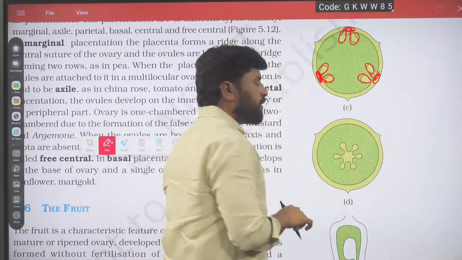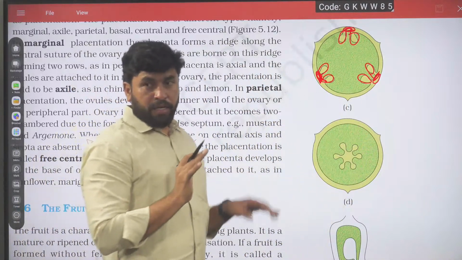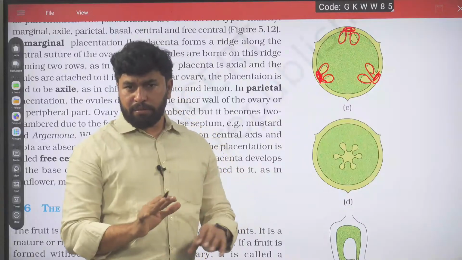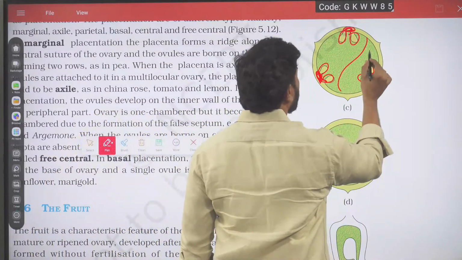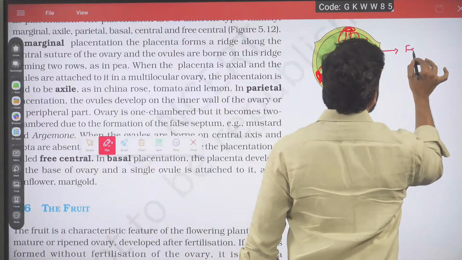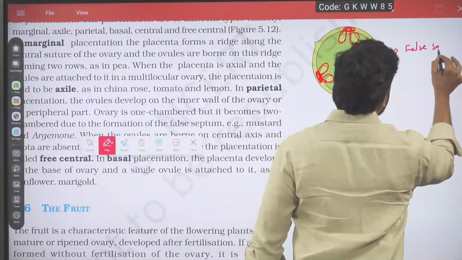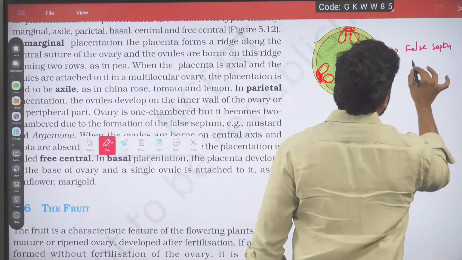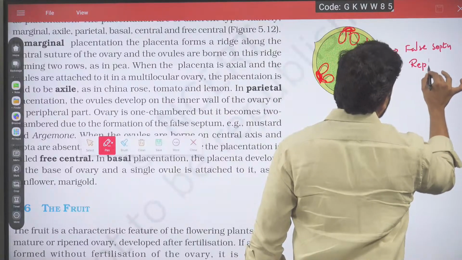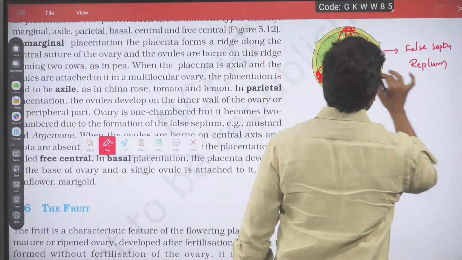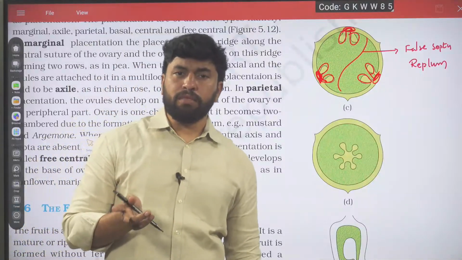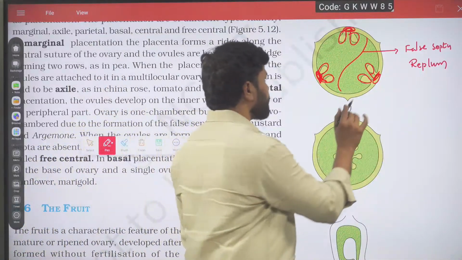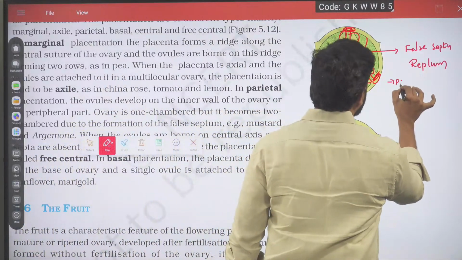Okay? Initially it is a single chamber, no septum. Later there is a development of a false septum. That false septum is called replum. Initially it is unilocular. Later it becomes bilocular. This phenomenon is called parietal placentation.